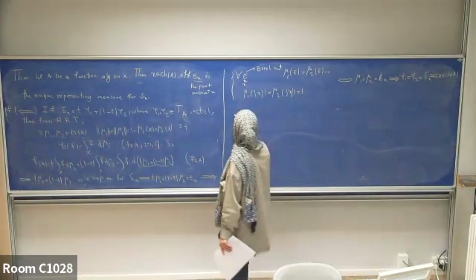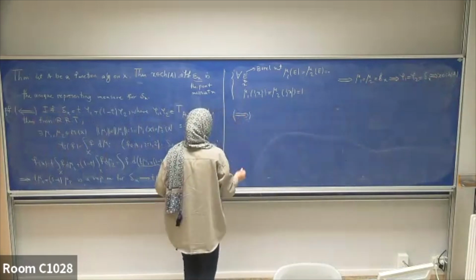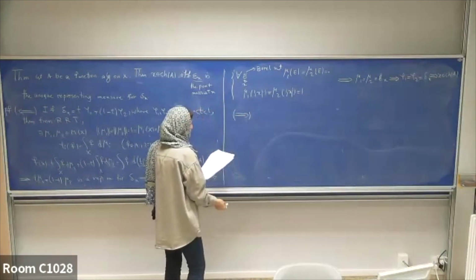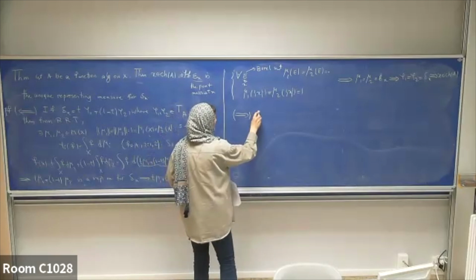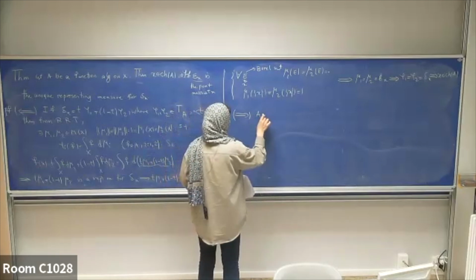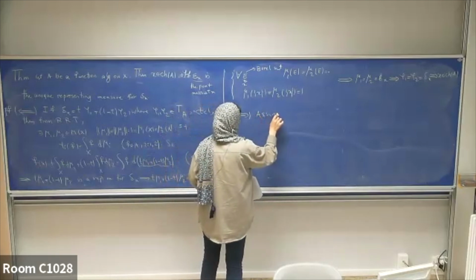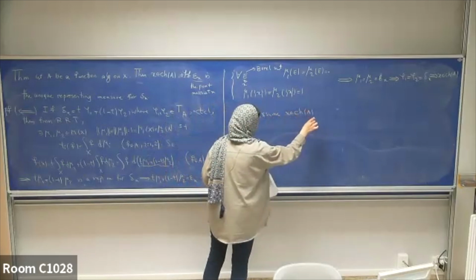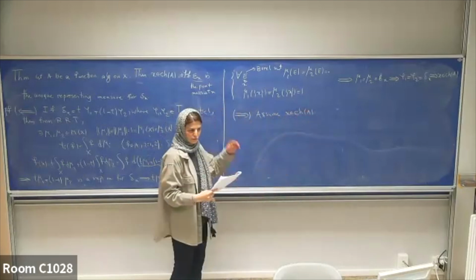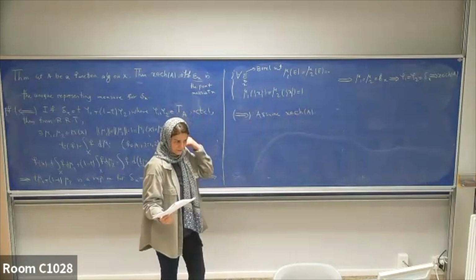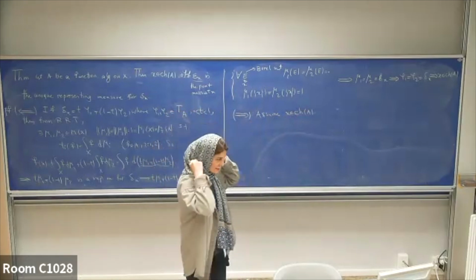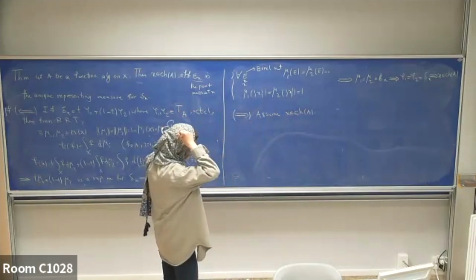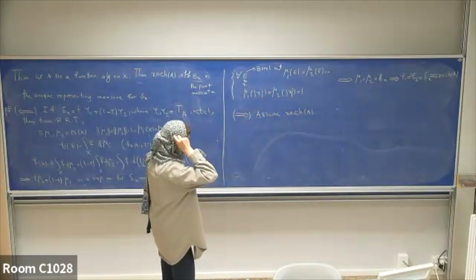For the converse, suppose that x is in the Choquet boundary of A. I want to say that each representing measure is a Dirac measure.